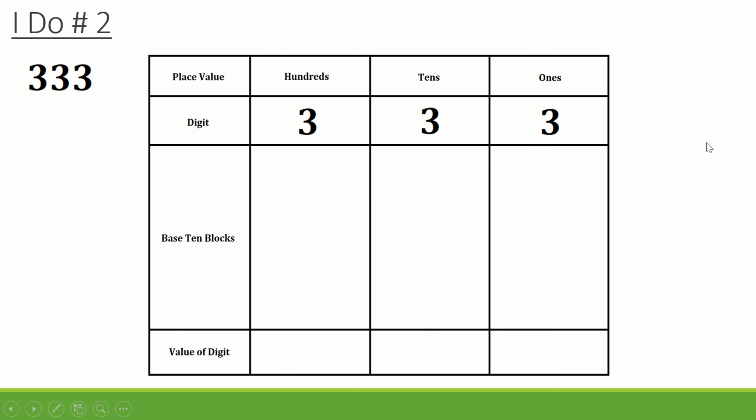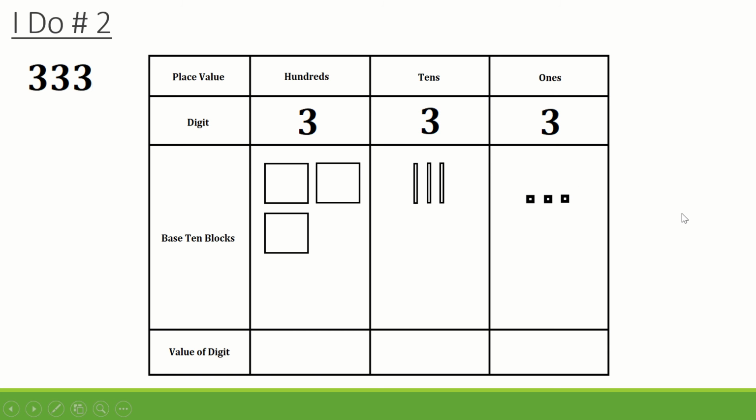I could use 3 large squares to represent that we have 3 hundreds or 3 flats. I can then do 3 skinny rectangles or 3 straight lines to represent that I have 3 tens, and then finally 3 single units to represent that I have 3 ones.